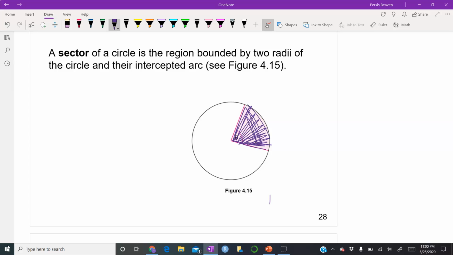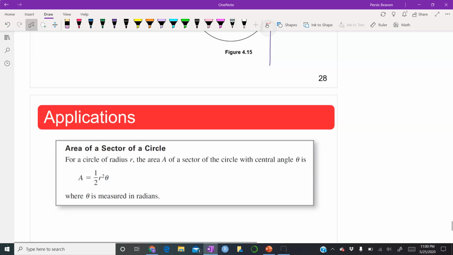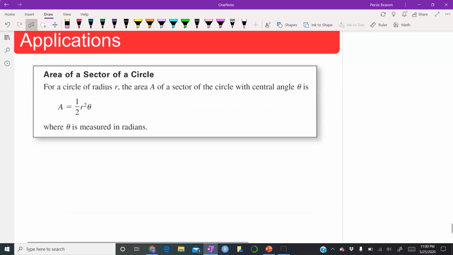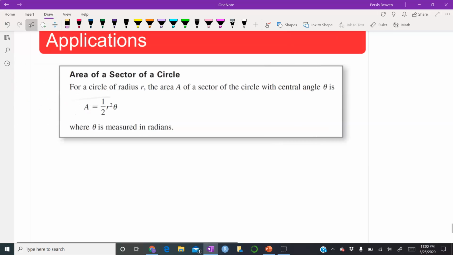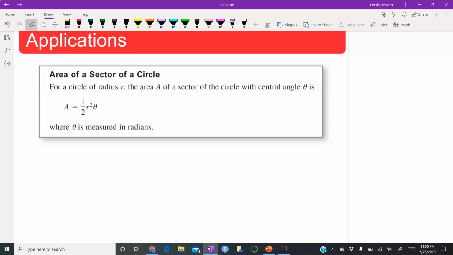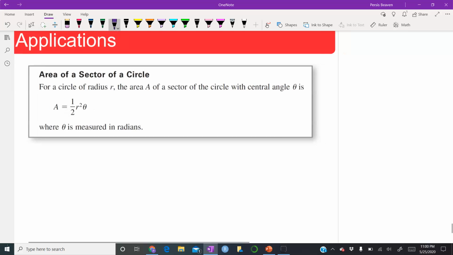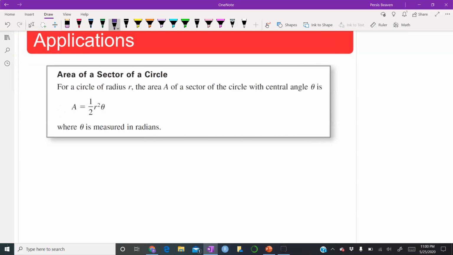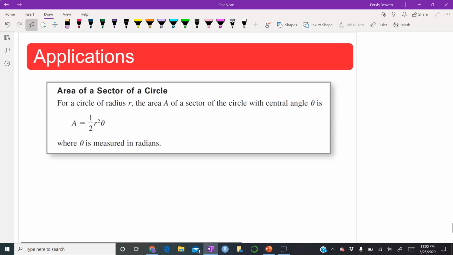That will be a sector. And here we have the formula to find the area of a sector. And like I said, I will definitely include some examples on our next lab session.